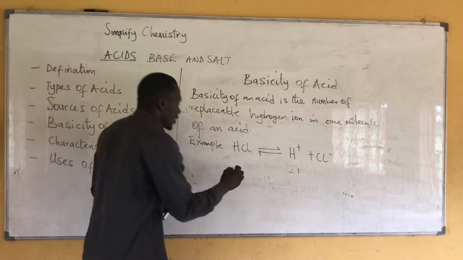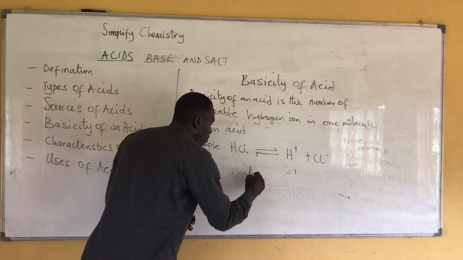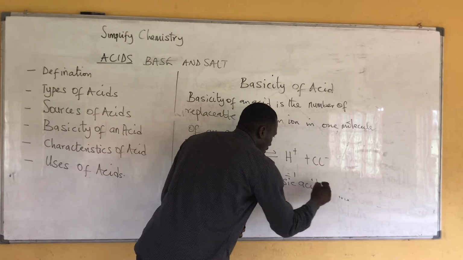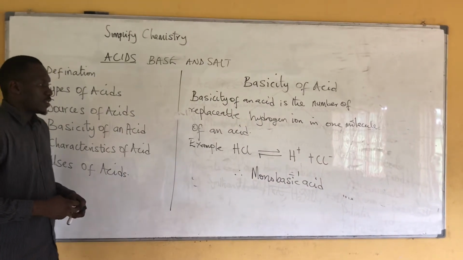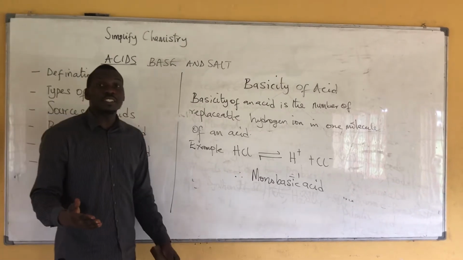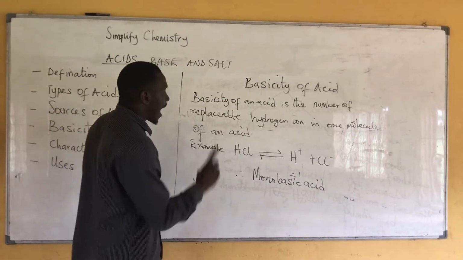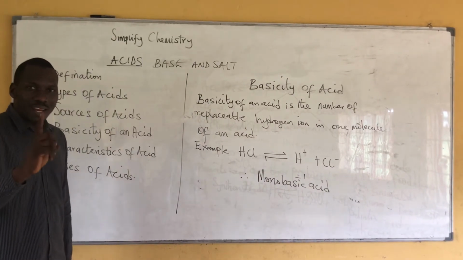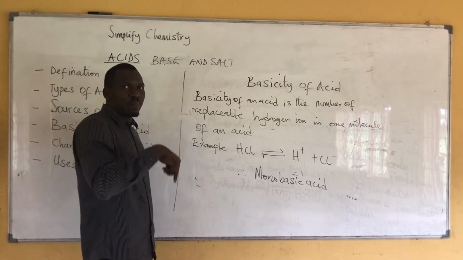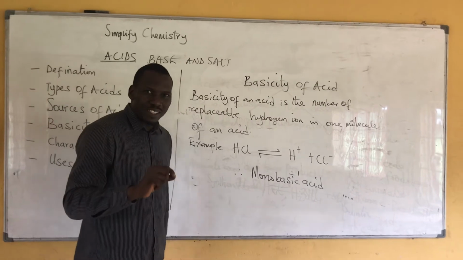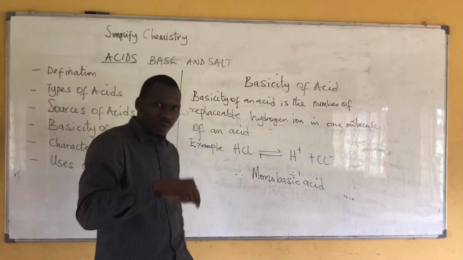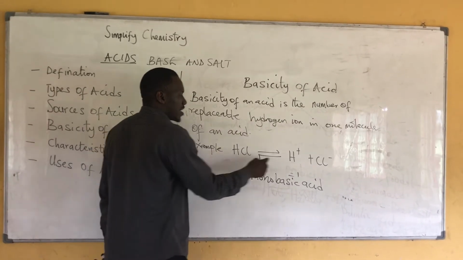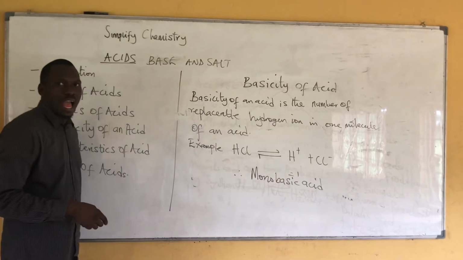So this acid is termed a monobasic acid. So, what is a monobasic acid? A monobasic acid is an acid that has one replaceable hydrogen ion in a molecule of the acid. Example, hydrochloric acid. One molecule of hydrochloric acid will give us only one ionizable hydrogen ion.